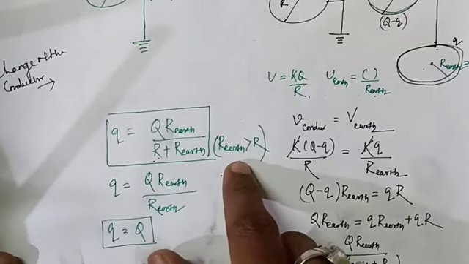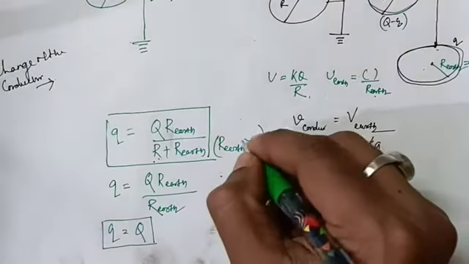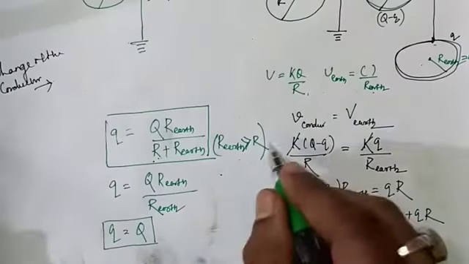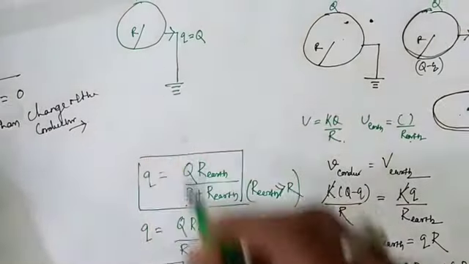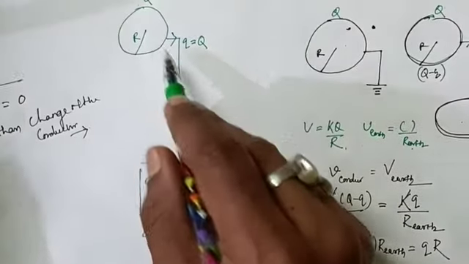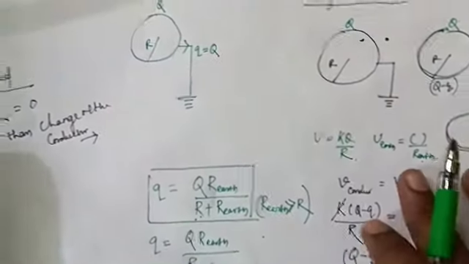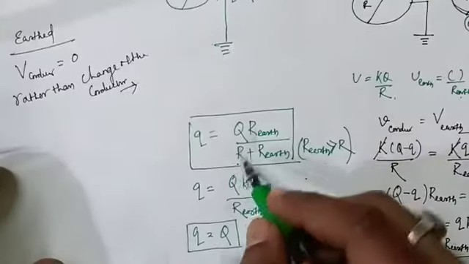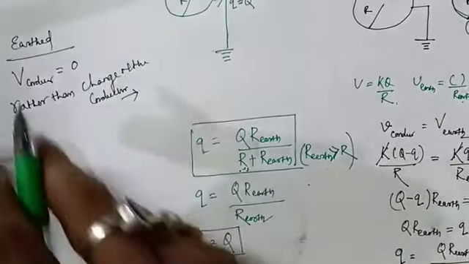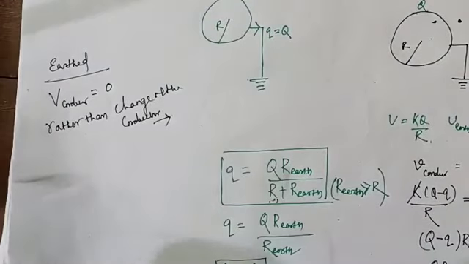Here, in the approximation case, we considered R earth very much greater than R, so I ignored this and said all charge flows into the earth when the conductor is grounded. But in real practice, all charges may or may not flow because r has some impact, but the potential of the conductor remains 0. I hope those who have been watching will be a little benefited.